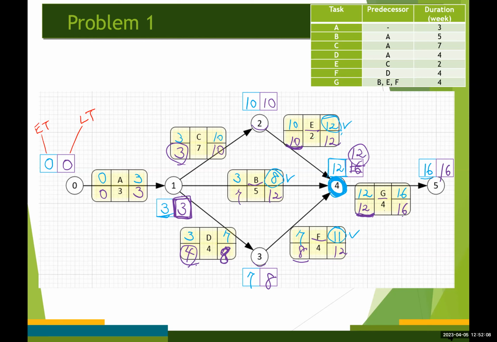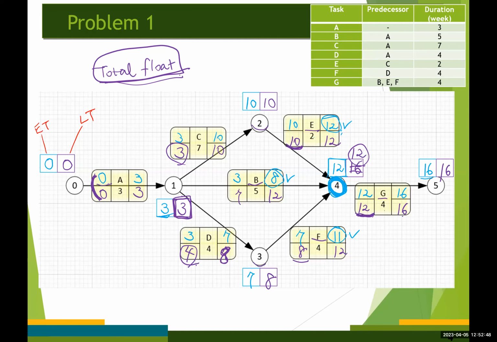Okay, now we are ready to determine the critical activities. And we've learned that any activities in the network diagram with a total float value of 0 is going to be a critical activity, right? So total float. The value of total float is going to be the difference between these two values, right?